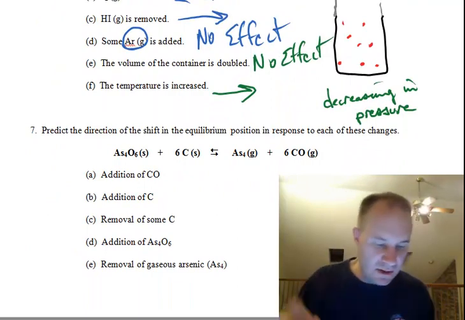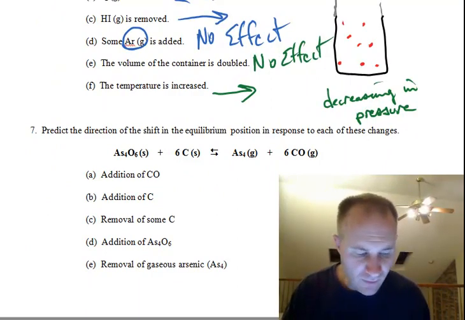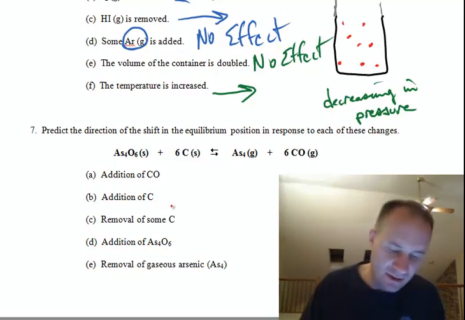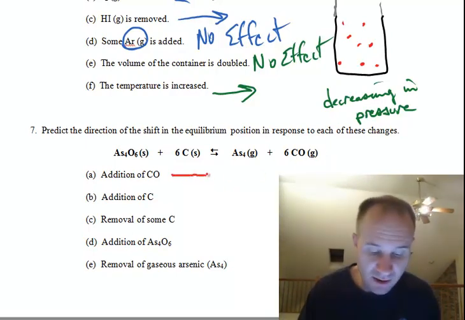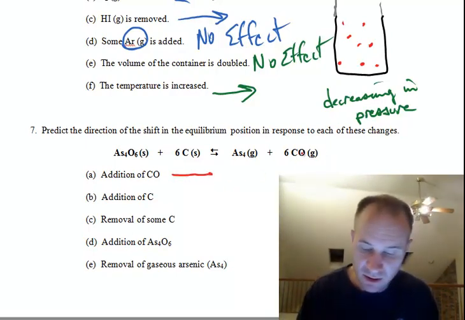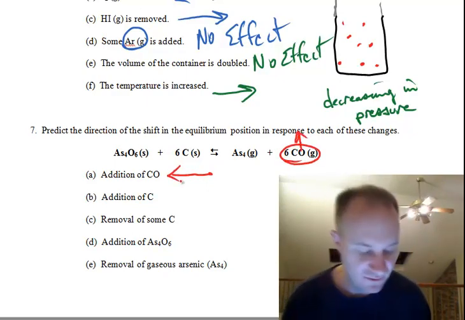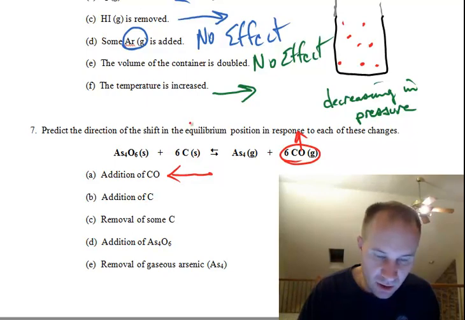All right. And if I look here for number 7, let's lock it in. Addition of carbon monoxide is going to cause the equilibrium to shift to the left. Addition of carbon, which I want to point out, is a solid.